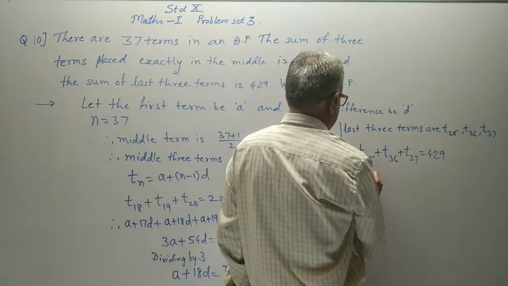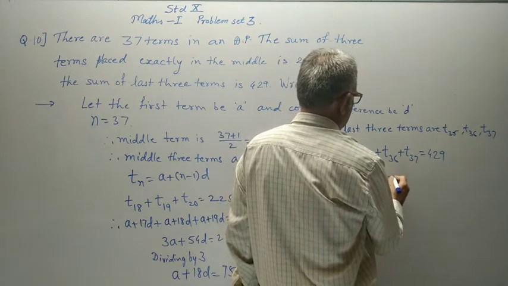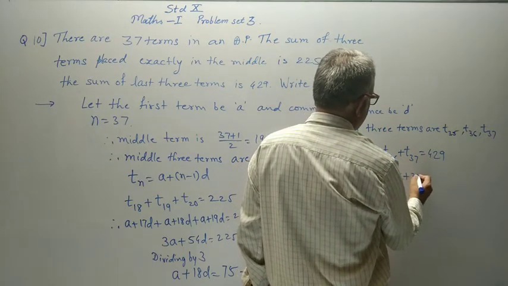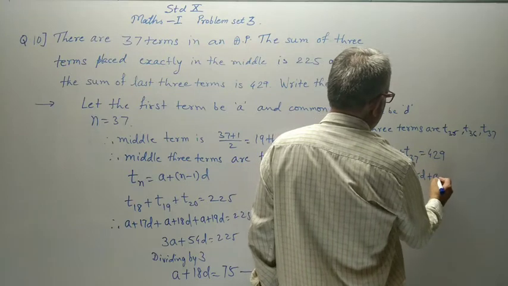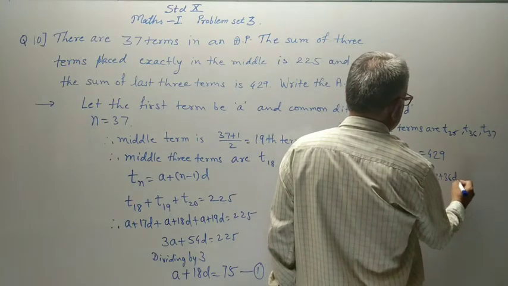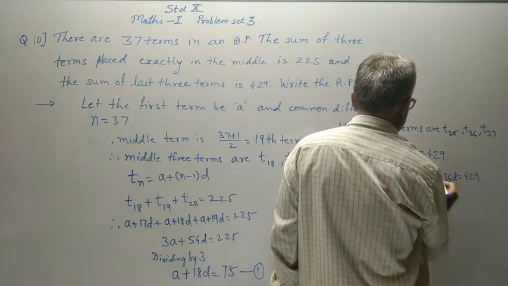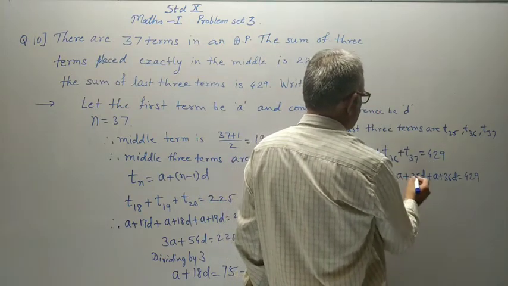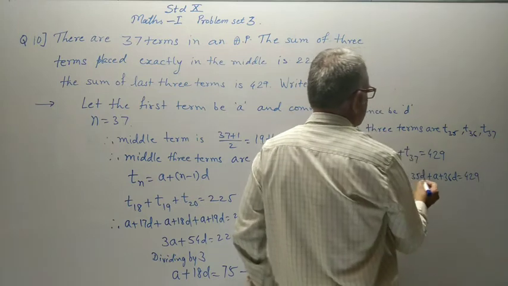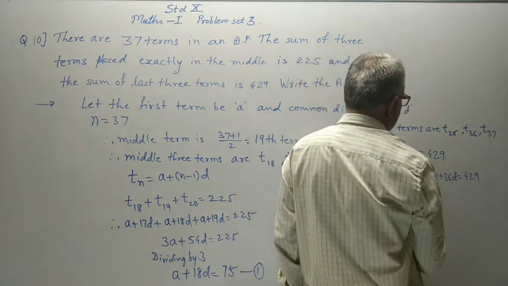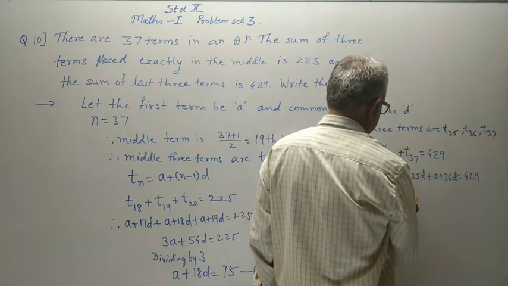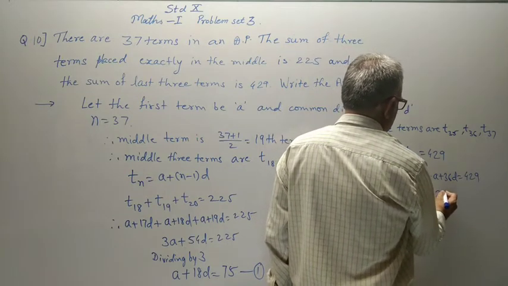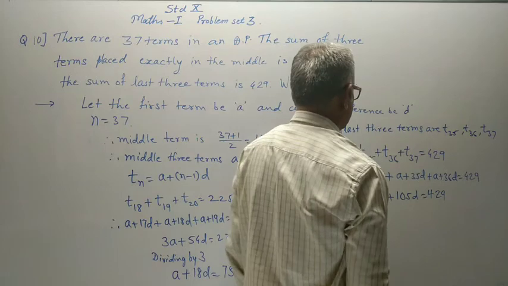A plus 34D plus A plus 36 minus 1, 35D, plus A plus 36D is 429. 3A, and 34, 35 is 69, 69 and 36 is 105D, is 429.